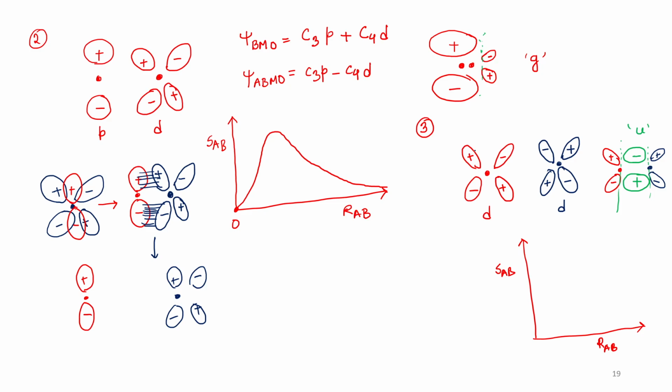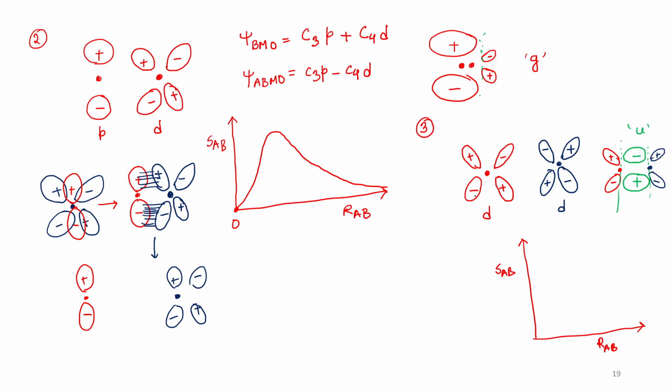So the overlap integral will be negative. They are repelling each other. The overlap is not good, so it is negative. But when they are at this equivalent distance, then this is going to happen.